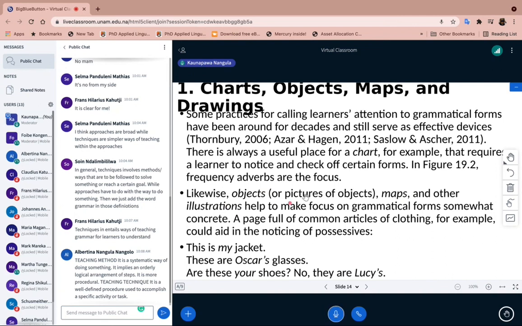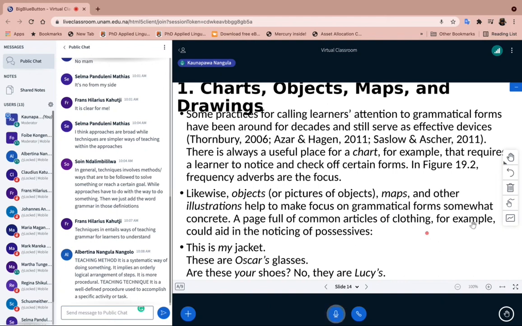So objects could also be pictures of objects, to help them focus on whatever grammatical forms are concrete and you want them to focus on. For example, let's say you are talking about articles of clothing, all right? And here we have got some examples of how you use these objects.